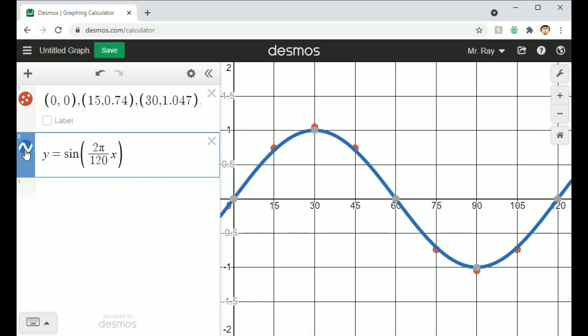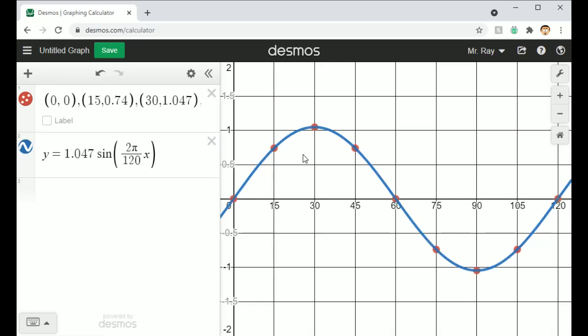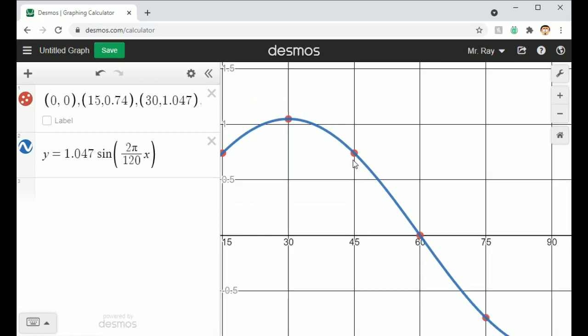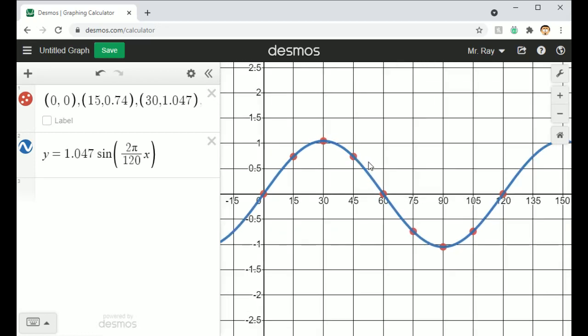Okay, that's pretty good. The only problem is that it doesn't go through these points quite exactly, because it goes through 1 and our speed is actually 1.047. So let's give it an amplitude of 1.047. And I think you'll notice that even if we zoomed in a lot, this curve is going through all of our points.